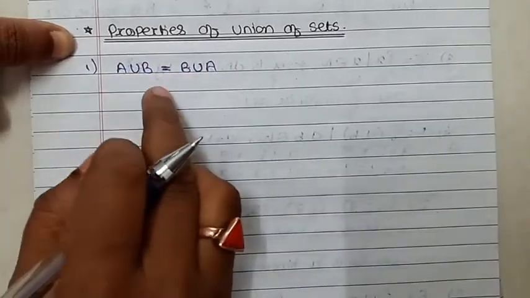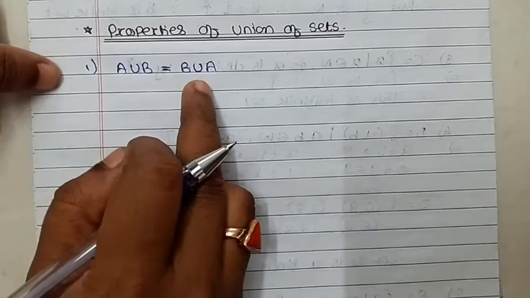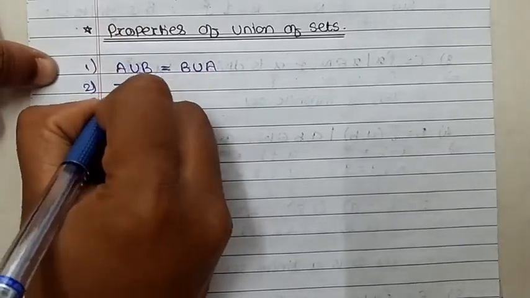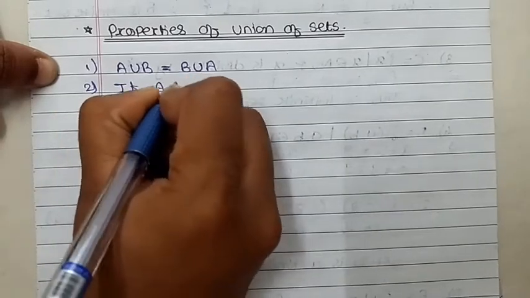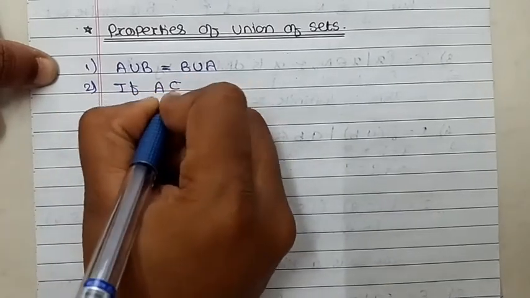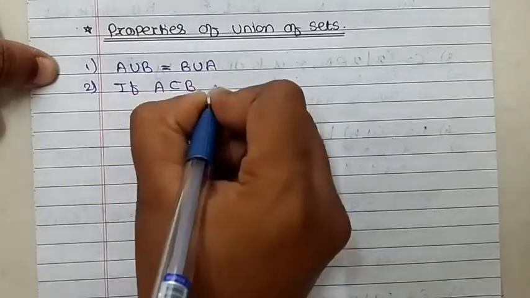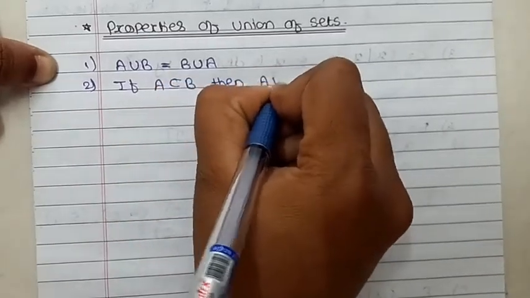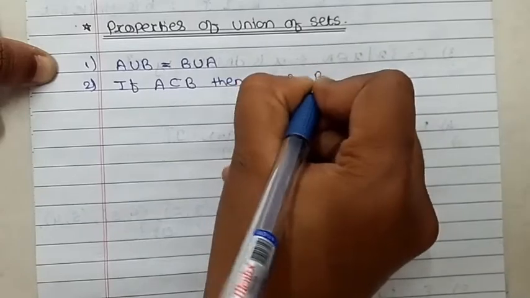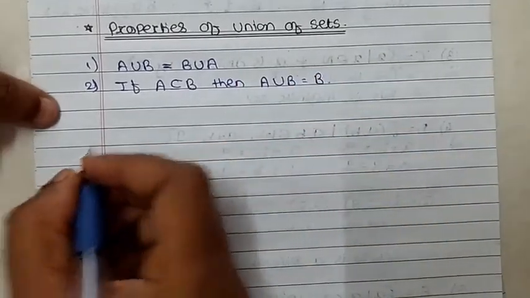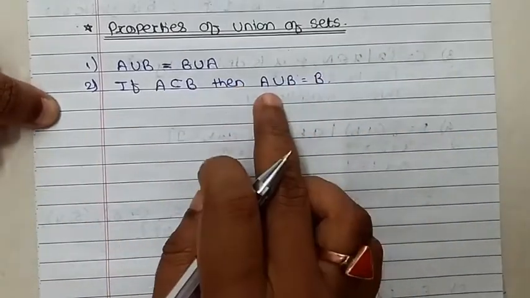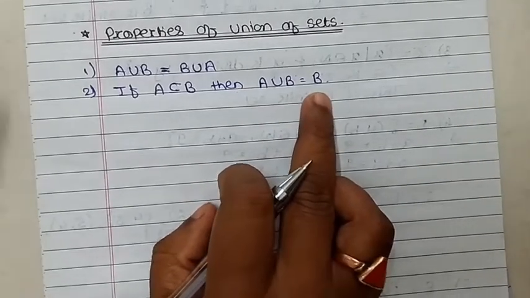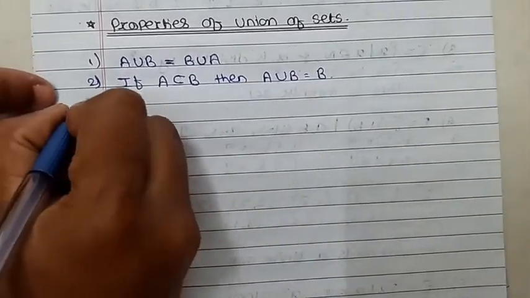A union B is also equal to B union A. Then the second property: if A is a subset of B, then A union B is equal to B. This is the second property. If A is a subset of B, then A union B is equal to the set B. Clear?